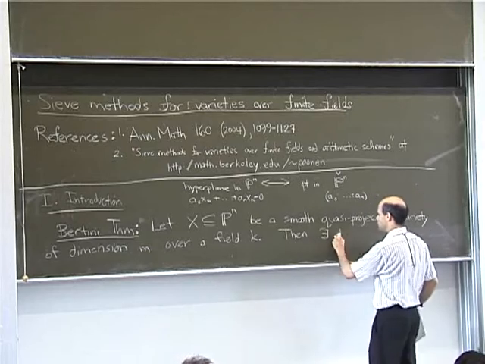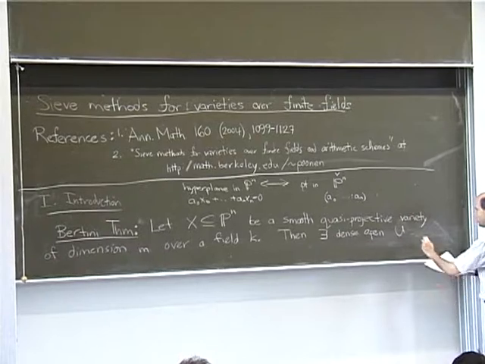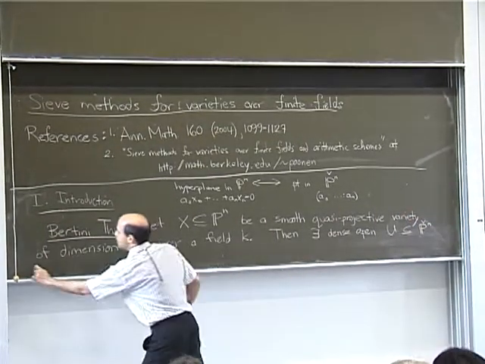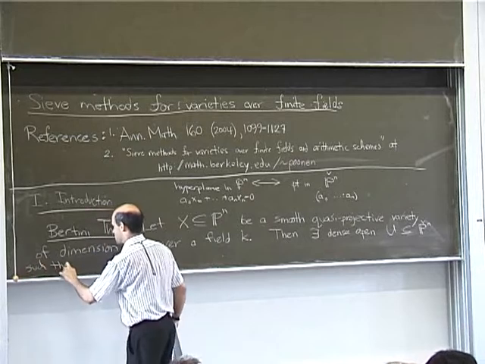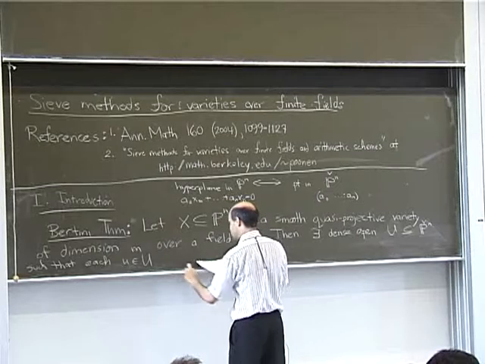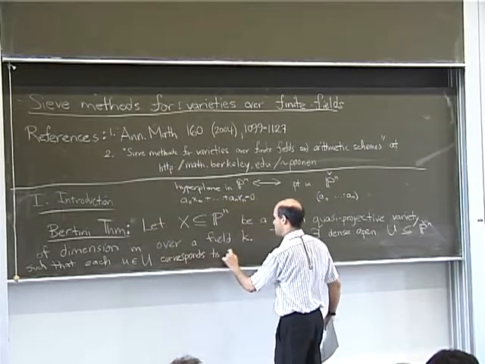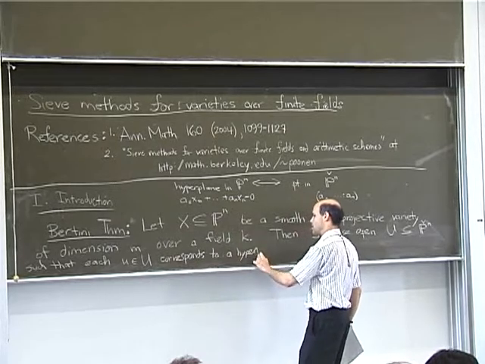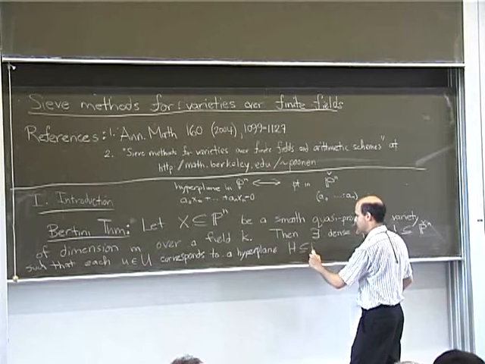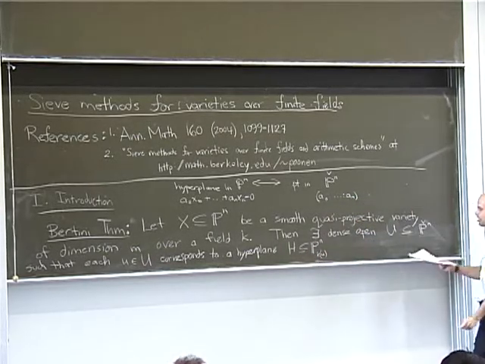So the conclusion is that there exists a dense open U inside this space of hyperplanes such that each little u in U corresponds to a hyperplane H. So it's a hyperplane defined over the residue field of that point.